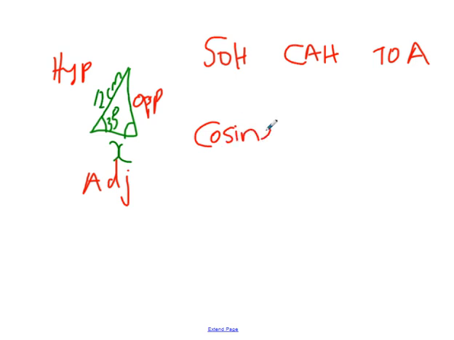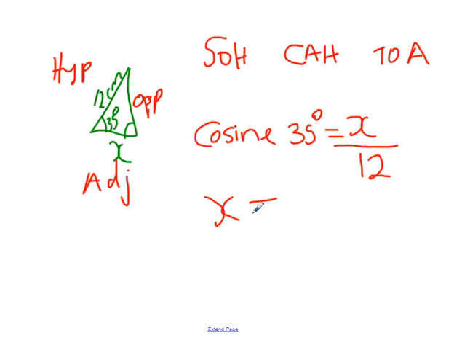Cosine 35 degrees equals the adjacent, which in this case is x, divided by the hypotenuse, which in this case is 12. All right. Now you could shorten that to just cos 35 degrees.